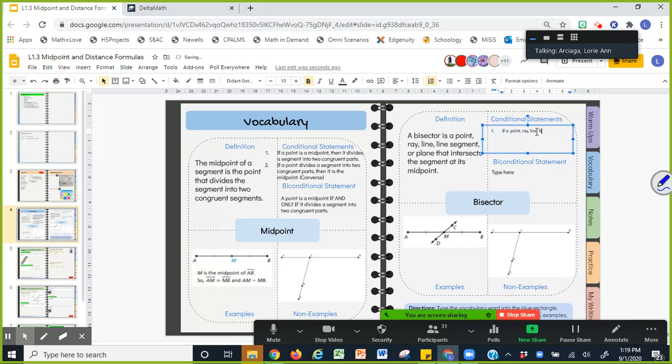Line, line segment, or plane intersects another segment at its midpoint, then it is called a bisector.